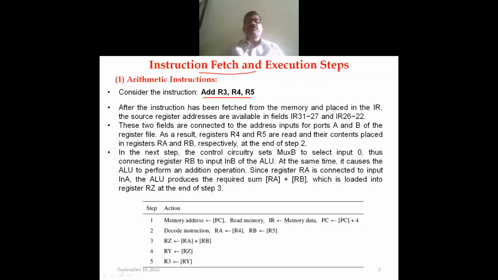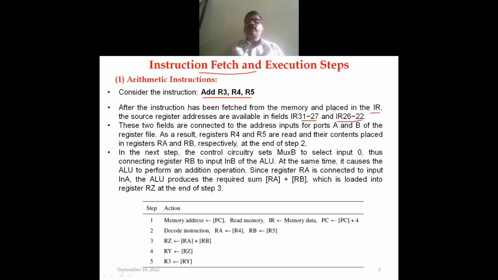After it has been fetched from memory and placed in the IR register, the source register addresses are available in the IR fields: one source address at bits 27 to 31, and the second source address at bits 22 to 26.